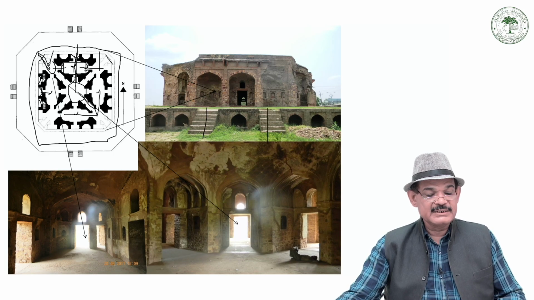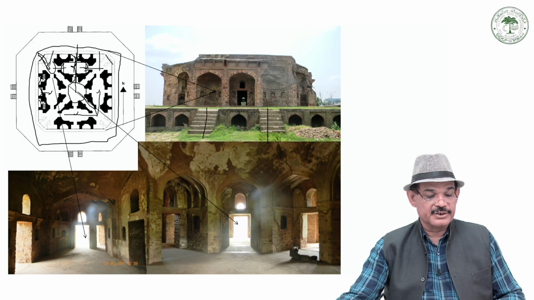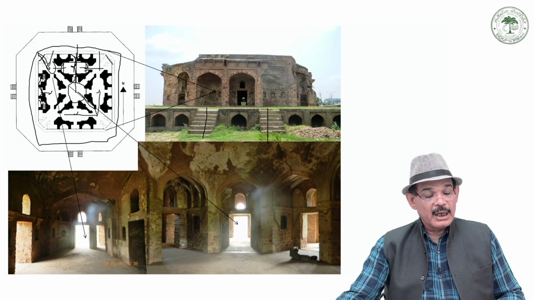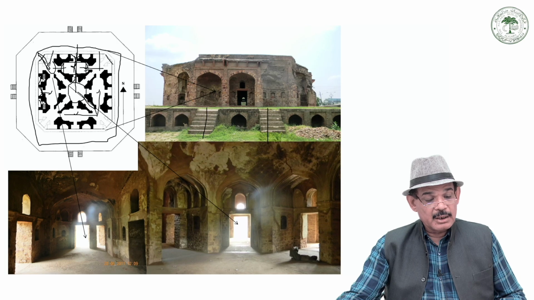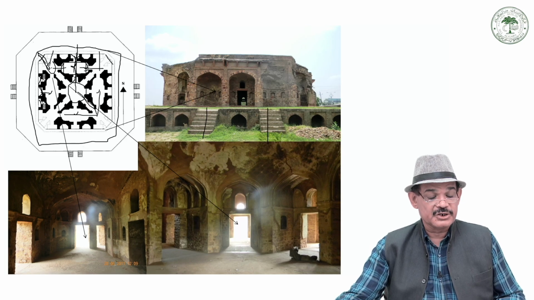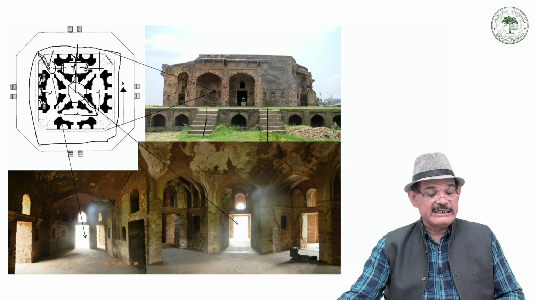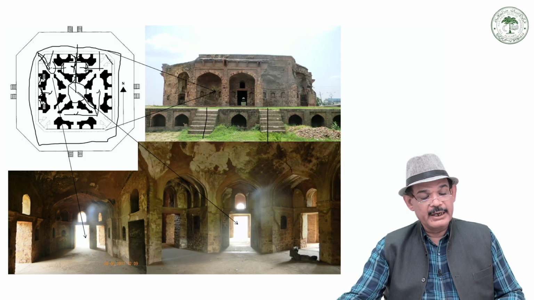If we assess the ground plan of this structure, the ground plan of Humayun's tomb and the ground plan of the Taj Mahal, then on the basis of this assessment I found this structure, chronologically, stands in between the tomb of Humayun and the Taj Mahal.